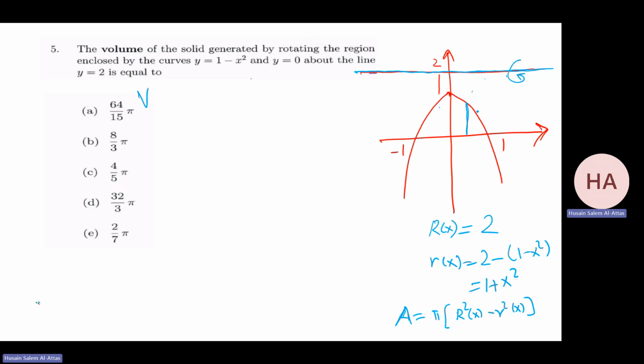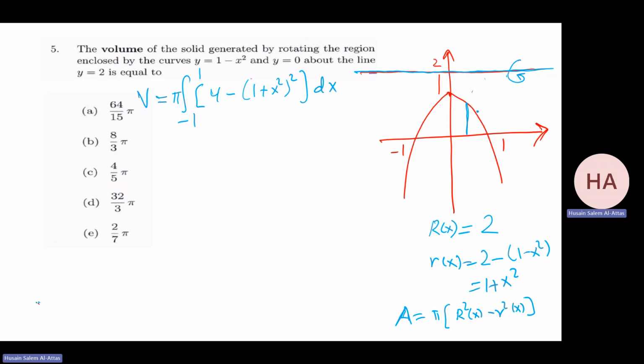I can put the strip here, okay. So it's minus 1 to 1. The volume will be the integral from minus 1 to 1, and I have pi here, R squared, 2 squared, which is 4, minus small r squared, which is 1 plus x squared, all squared, dx, which is clear.